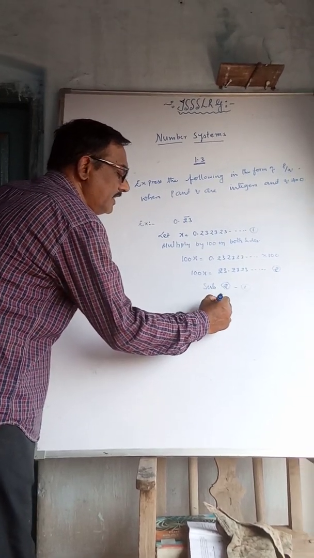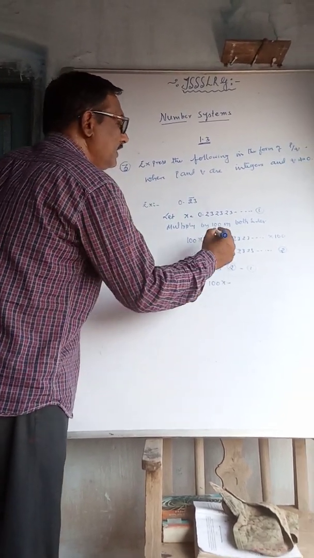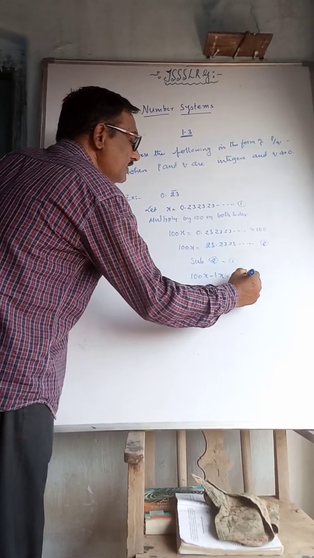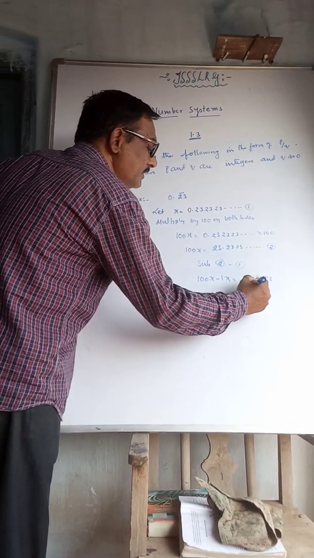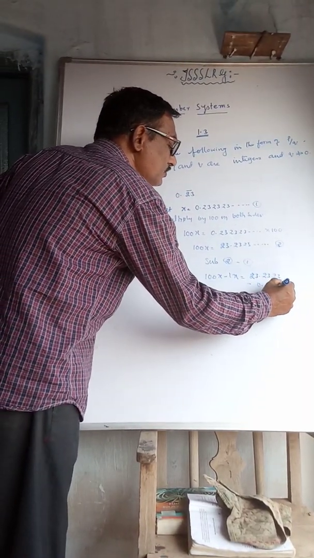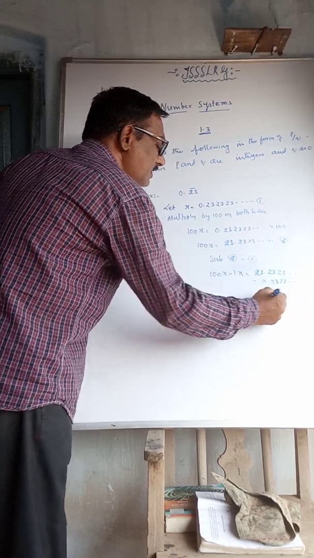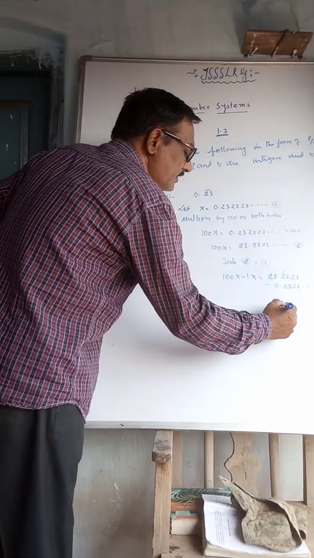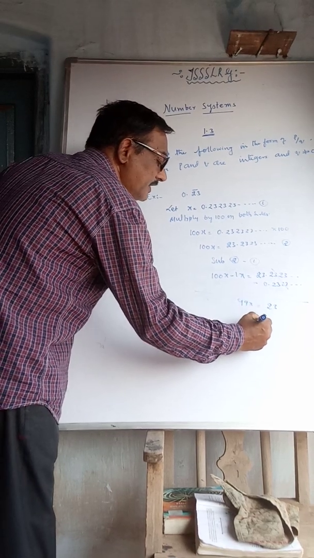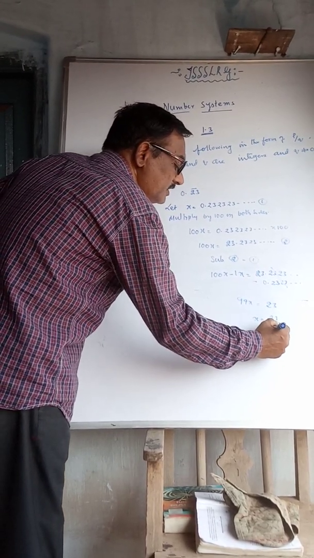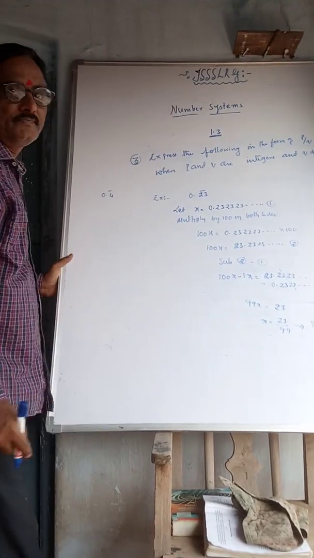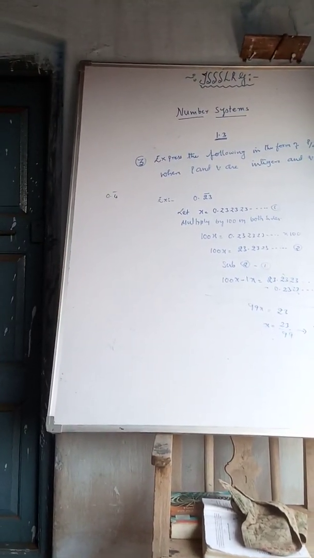It is 100x minus 1x is equal to 23.2323 minus 0.2323. Here the left behind number is 23. So 99x, x is equal to 23 by 99. It is the P by Q form.